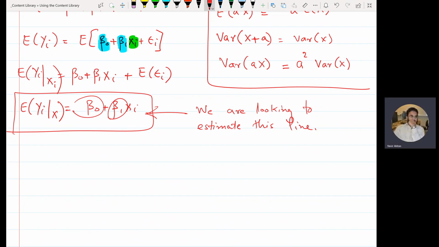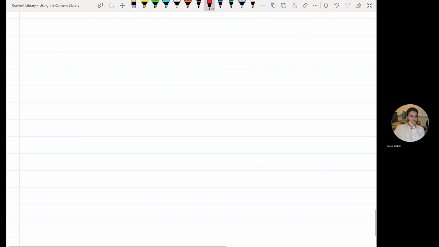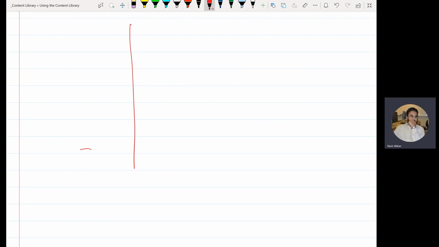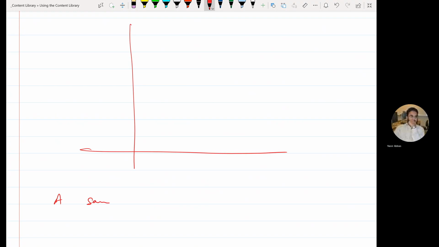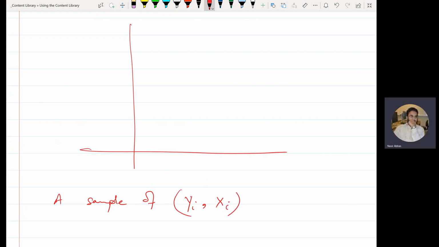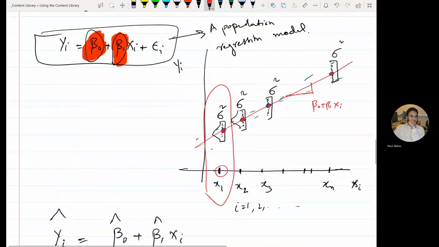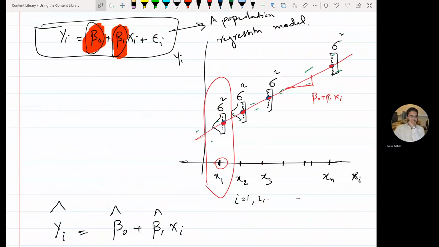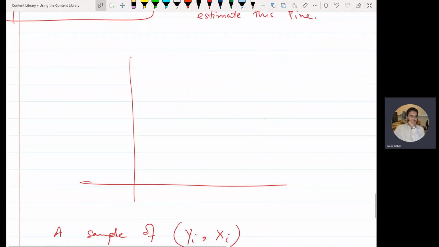Now, what is the criteria I'm going to set? Now, let's say I take a sample from this population. So in the sample, I will not have all the values of y when x is x1, maybe 1 or 2 values maximum. Now the sample will look like something like this.